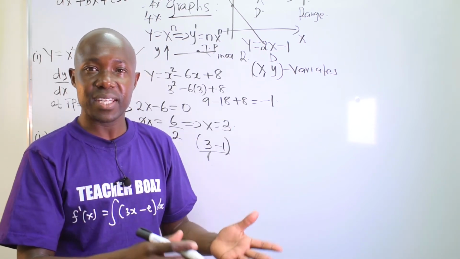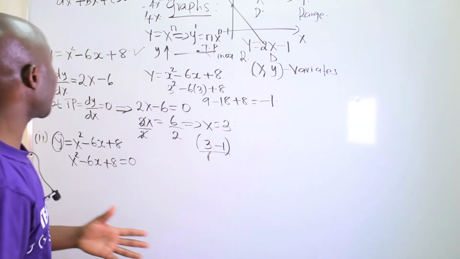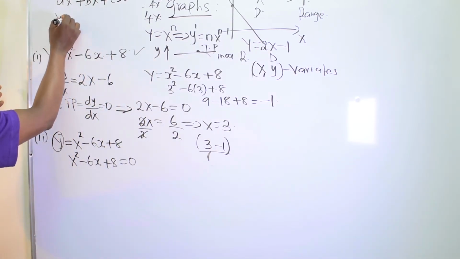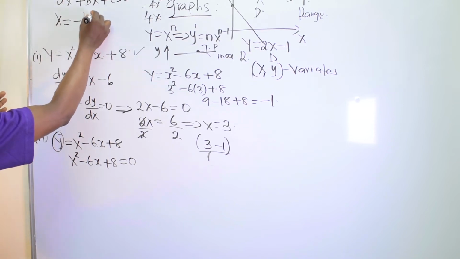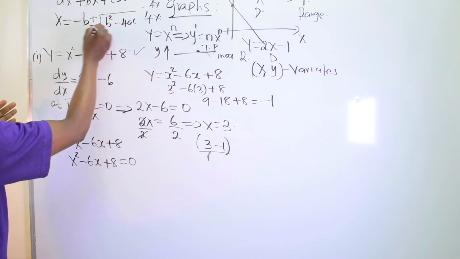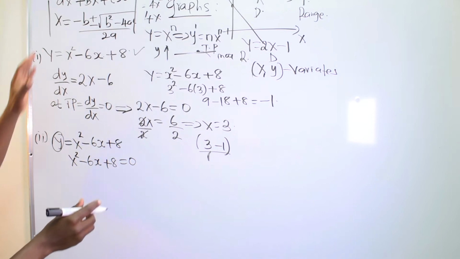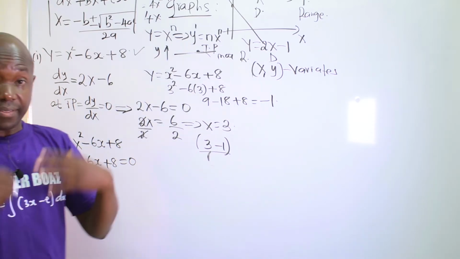Let us go the easiest way, by using the quadratic formula, which says if you want to get the x, it is always minus b plus or minus the square root of b squared minus 4ac, divided by 2a. So this is the quadratic formula that we want to use here to solve the value of x.